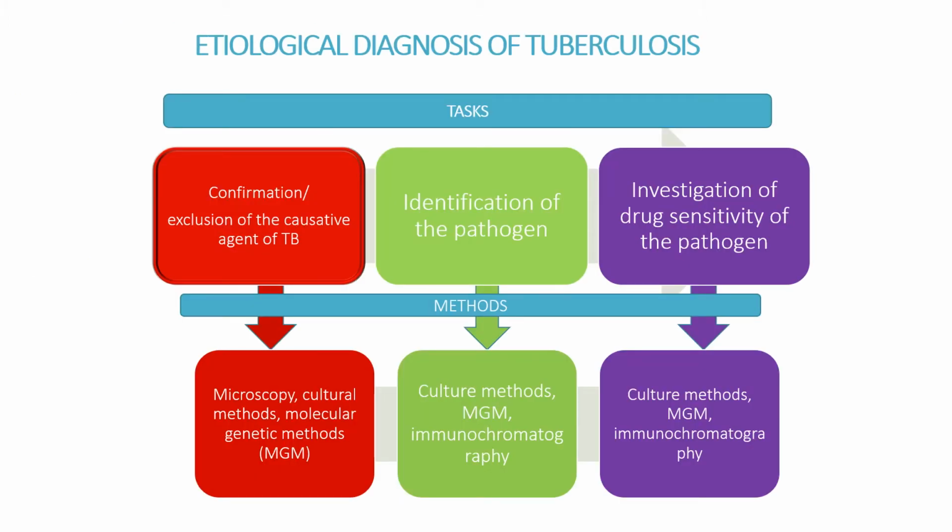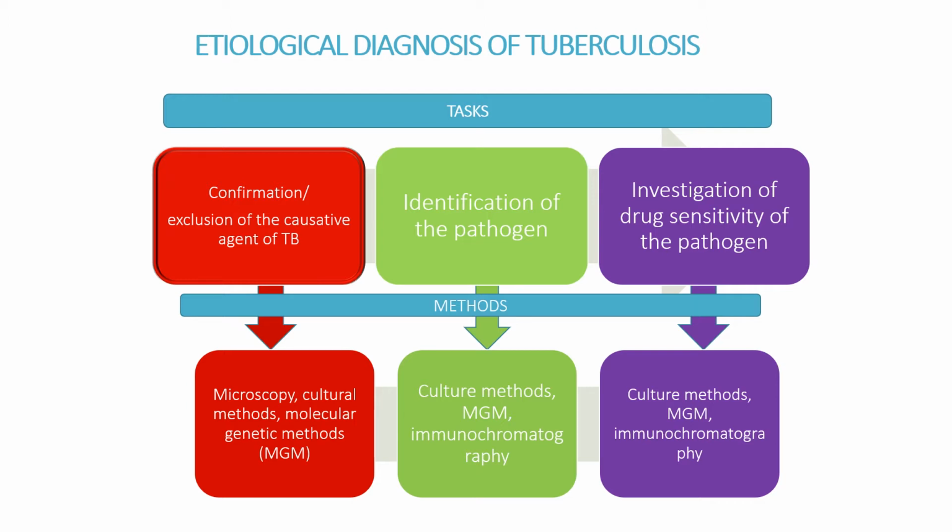Etiological diagnosis of tuberculosis begins with tasks such as confirmation or exclusion of the causative agent of tuberculosis, identification of the pathogen, and investigation of drug sensitivity of the pathogen. For confirmation or exclusion of the causative agent, we can use microscopy, cultural methods, and molecular genetic methods.